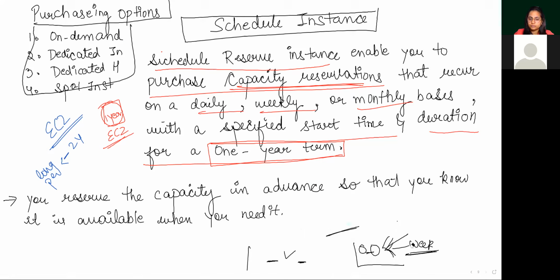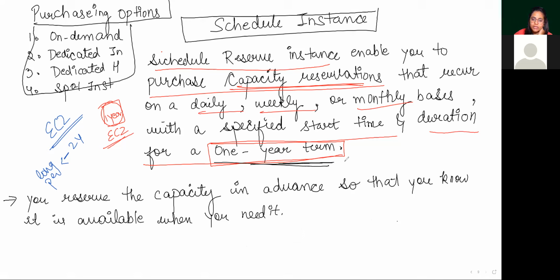So I have a question. It has to be only for 1 year term? I cannot request it for a month? 1 year term, they will provide you. Yeah, that's the minimum. 1 year term is the minimum. At least it is 1 year. More than that, you can go with. But what EC2 people believe is, don't rely on a person for long terms. If a person dies, what will happen? Their money is gone.